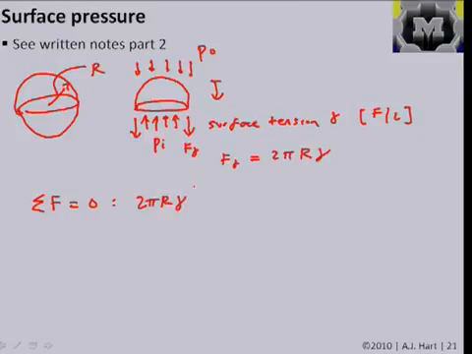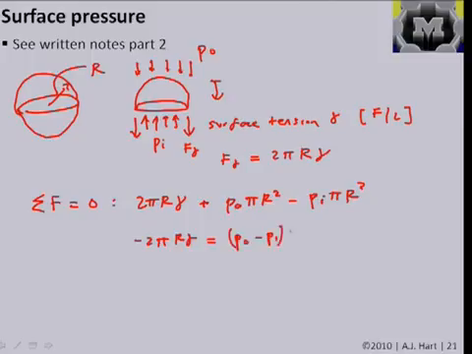And then we have the net pressure force on the outside being positive, which if we assume the pressure is uniform and we just take the projected area of the sphere upward, that's P outer times pi r squared, and then we can subtract the inner pressure, P inner times pi r squared, and then we would collect terms to one side, so we could say minus 2 pi r gamma equals P outer minus P inner times pi r squared.